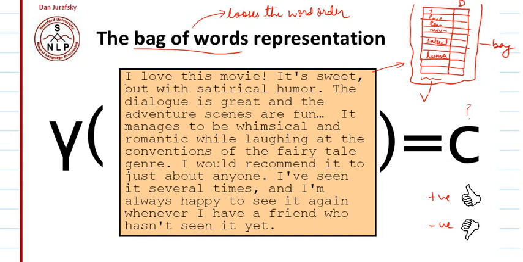So I will write the counts of, say, I is 10, love is 4, and this is 2, and movie is 8, and satirical is 6, and humor is 12. And if I am getting some other kind of document, I will be writing the same thing for the document D1, suppose. So I am writing the counts of these documents.